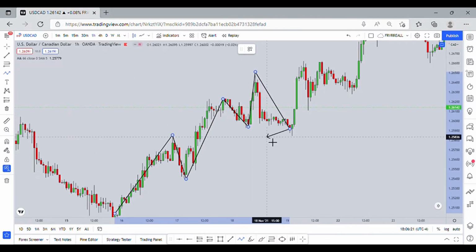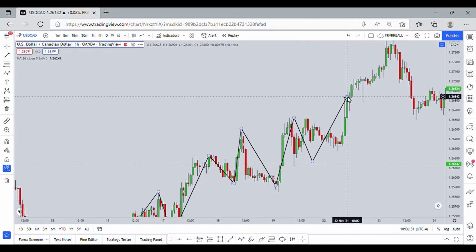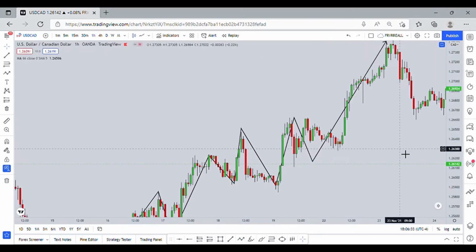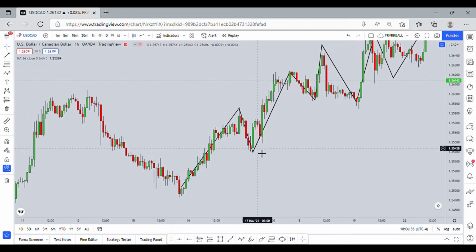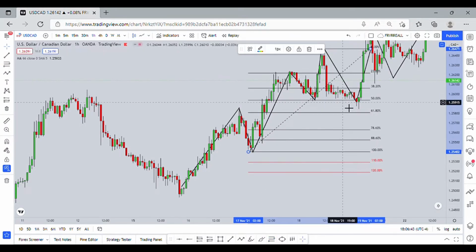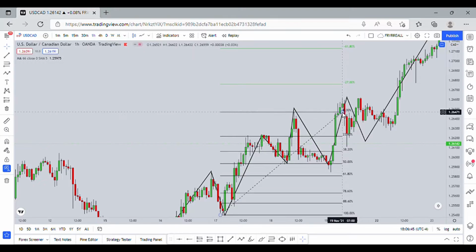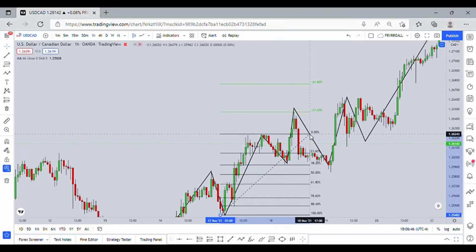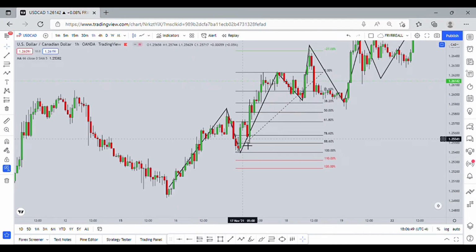So it simply becomes a new low, a higher high, higher low, higher high, etc. On uptrends, you simply connect higher lows to higher highs. Sorry, over here.